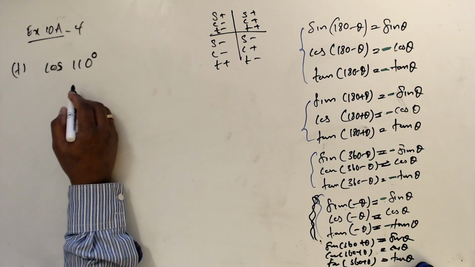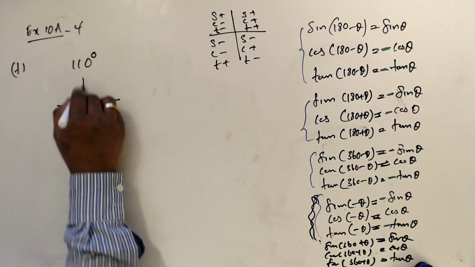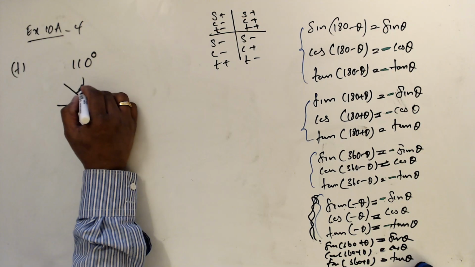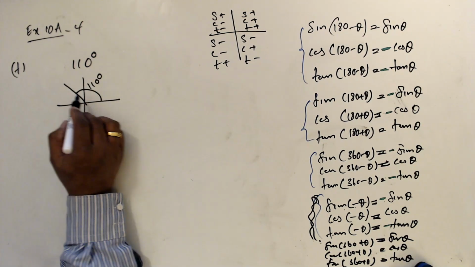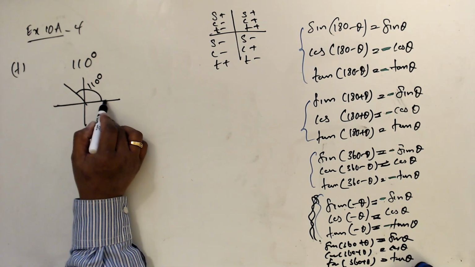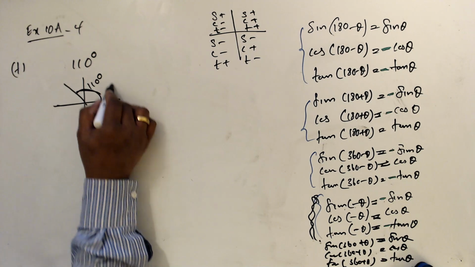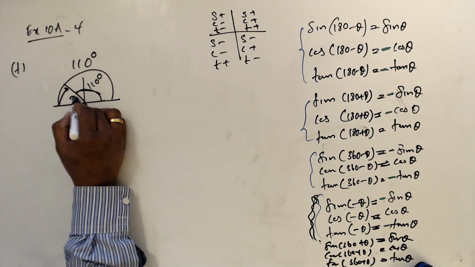F is cos 110. So let's look at the 110 location. It is here, and this is 110. You can write this angle as 180 minus this amount. What is this amount? 70.